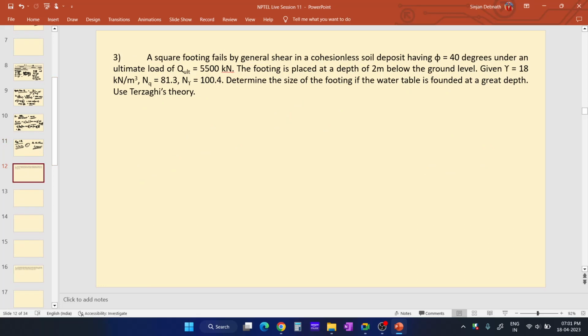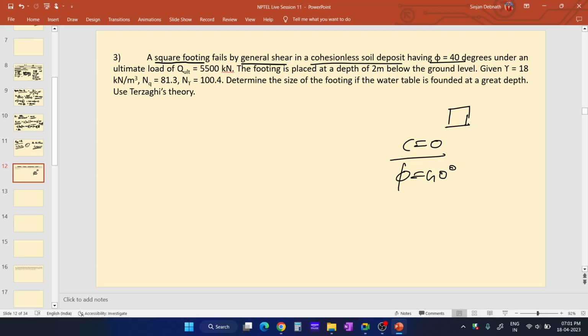A square footing fails by general shear in a cohesionless soil deposit having phi equal to 40 degrees, under an ultimate load of 5500 kilonewton.